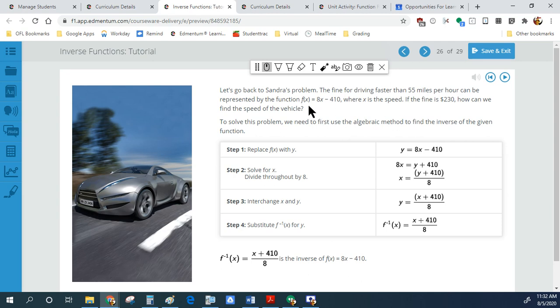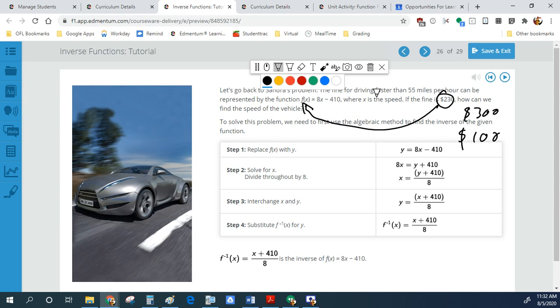So you're going to find the inverse. That way you can just plug in. Because before, what we would do in algebra, we would just take this, plug it into the y, and solve for x. But let's say we have a bunch of tickets. Let's say Sandra keeps speeding forever, and then she has another ticket that's like $300, and another ticket that's like, I don't know, 100.